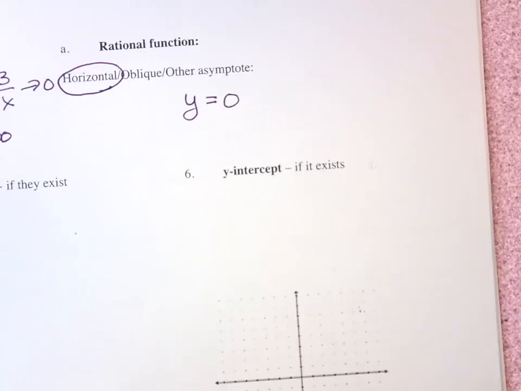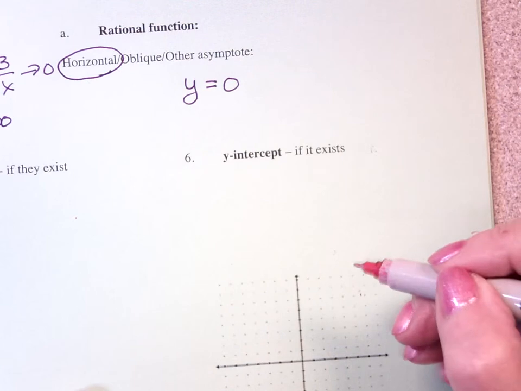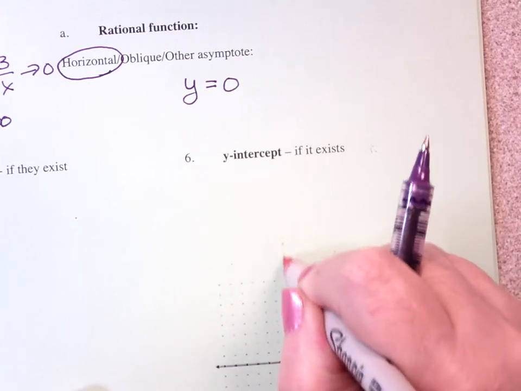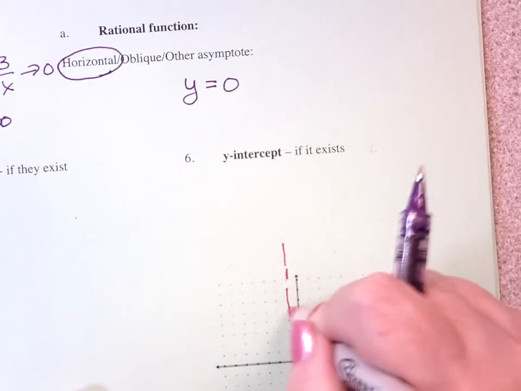Now I can put in what I know. I know I have a VA at 1 and negative 1.